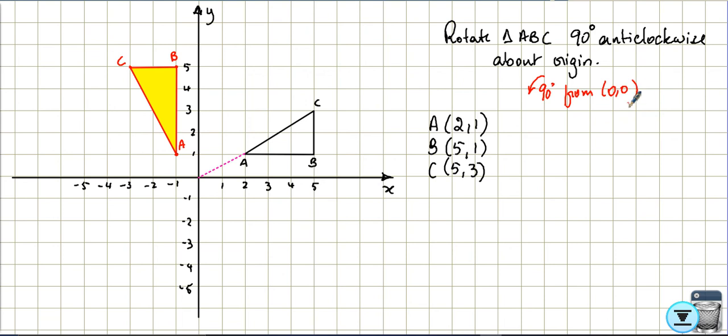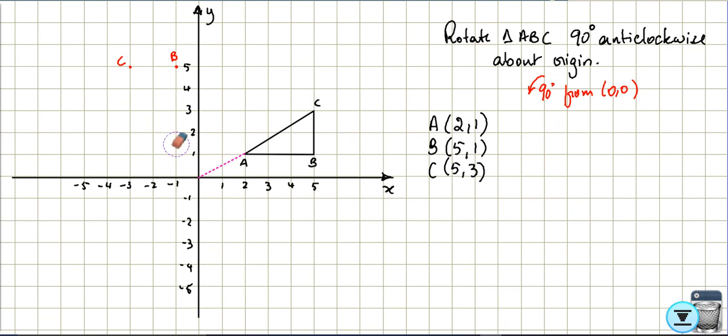I've got a mistake here: A is minus 1, 2.